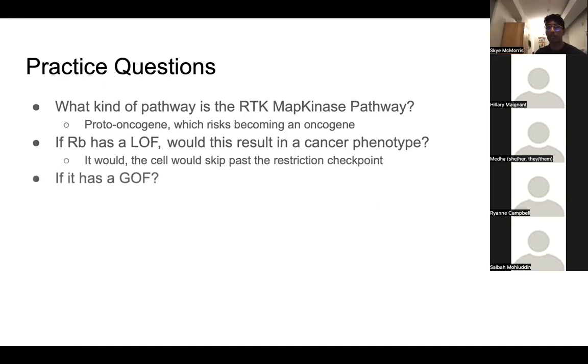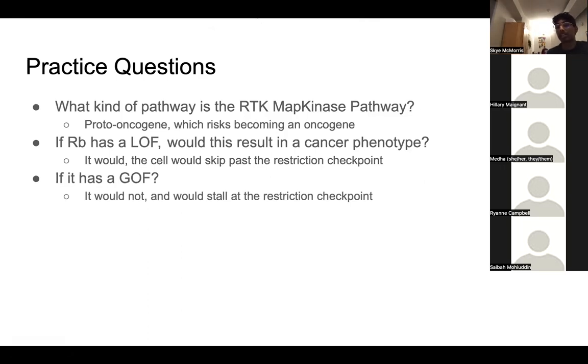And now what happens if RB has a gain of function? Would this result in a cancer phenotype? No, it would not. Yes, exactly. It would stall at the restriction checkpoint. Depending on what's happening, this can actually also be bad.